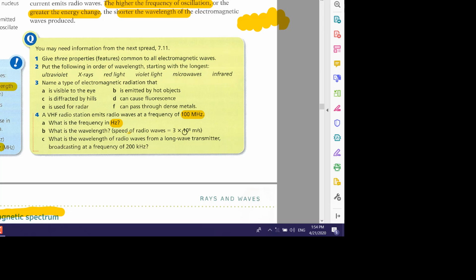What's the meaning of power of 8? It means 8 zeros. That equals the frequency. The frequency we just found here, this number. Then you add times wavelength. We want to find it.